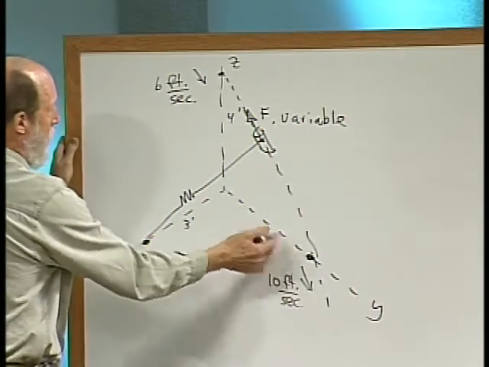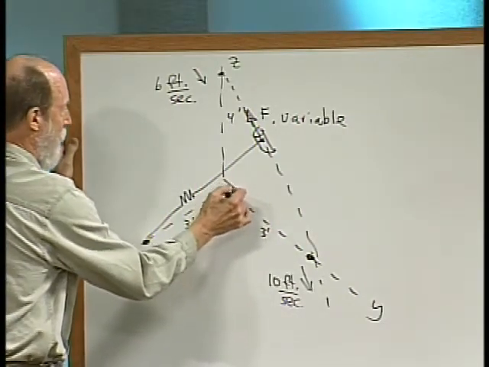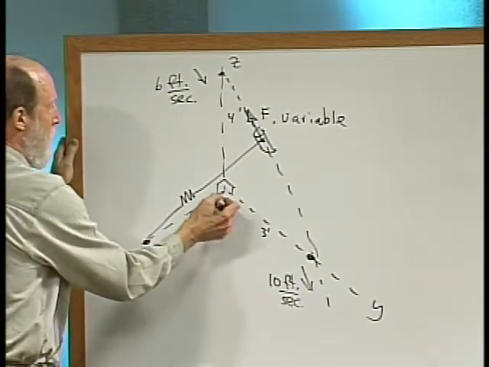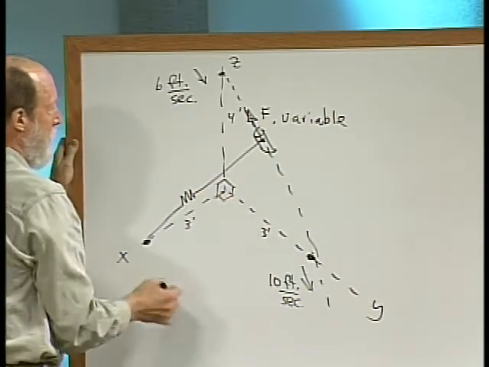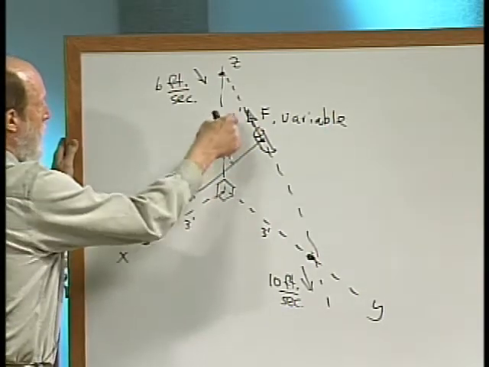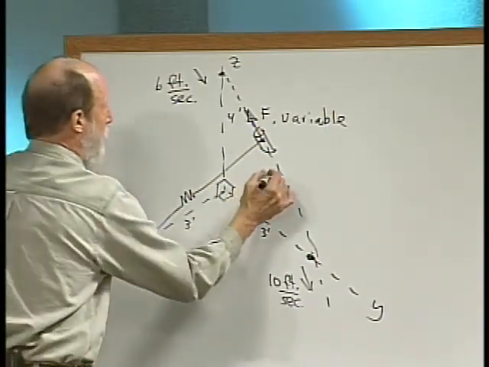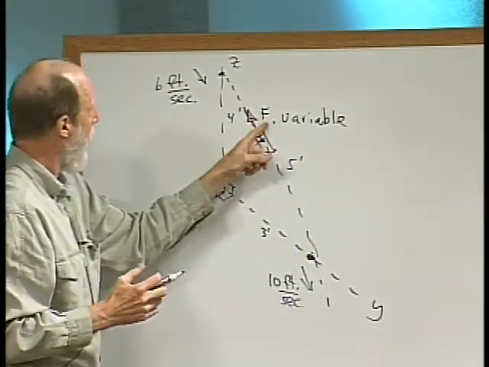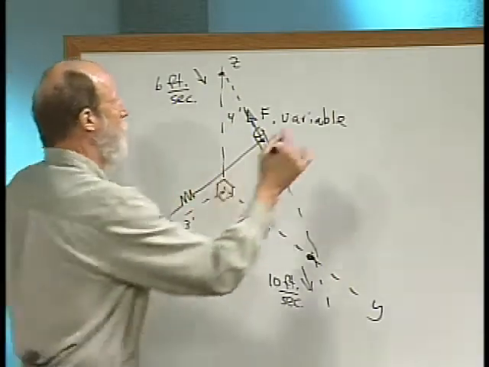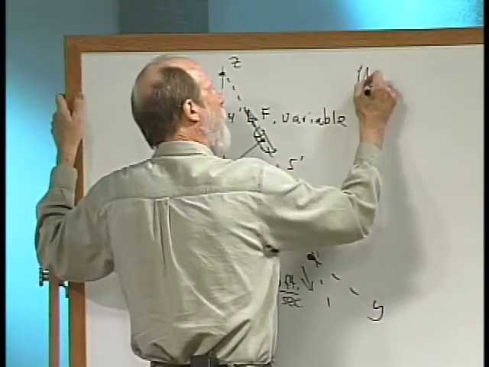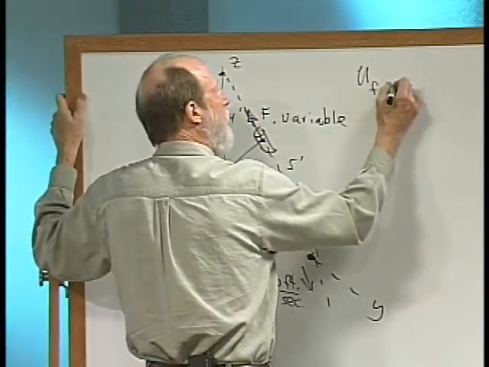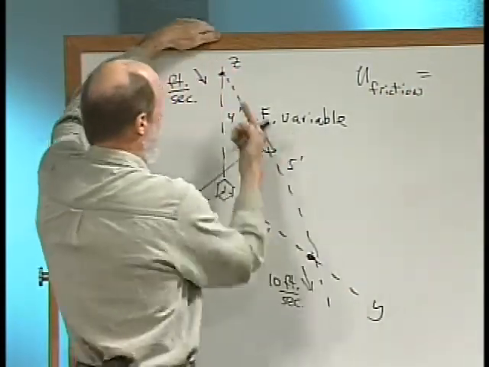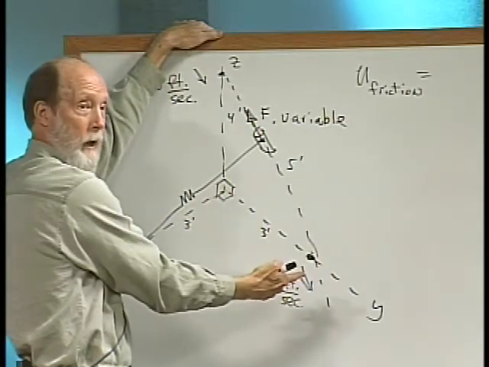And you know that since we have an orthogonal axis system here, and this is a 3, 4, 5 right triangle. So the work done by the friction force, let's do the work due to friction, is going to be equal to, it's opposing the direction of the motion, so it's negative.